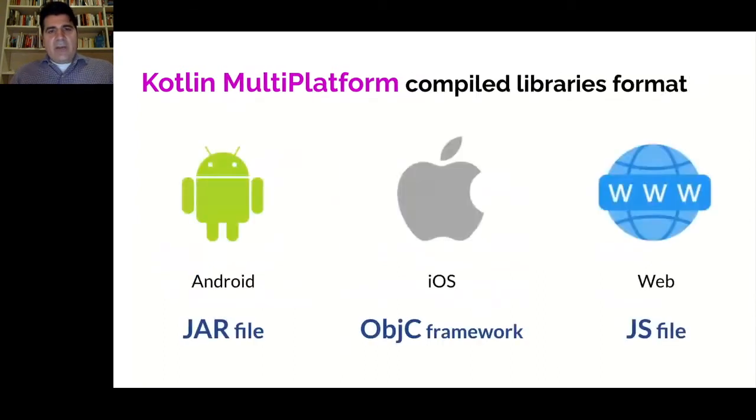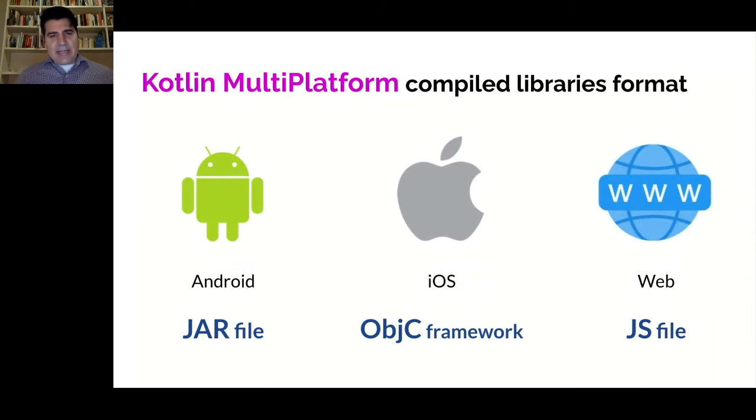Okay, so when we create a library, a shared business model with Kotlin Multiplatform, we actually create a library that we are sharing in our Android, iOS, or web app. In Android, it takes the form of a jar library. In iOS, it takes the form of an Objective-C framework, and in web, it takes the form of a JS library.